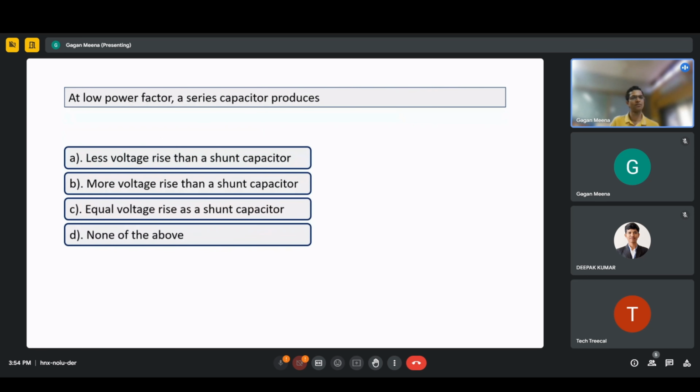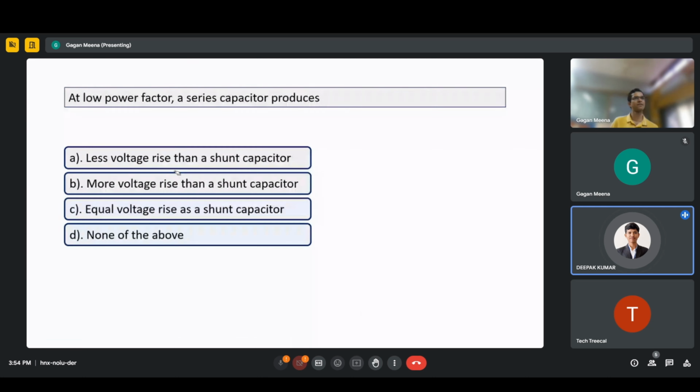At low power factor, a series capacitor produces less voltage rise than shunt, more voltage rise, are equal, or none. So what will be the answer here?